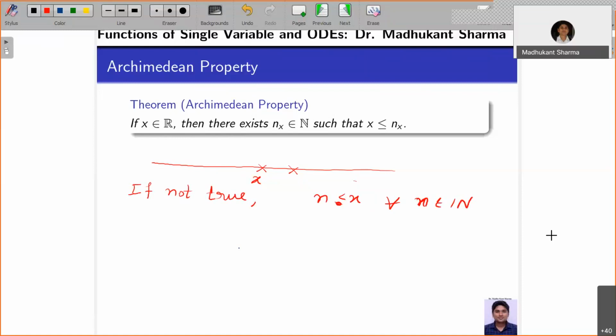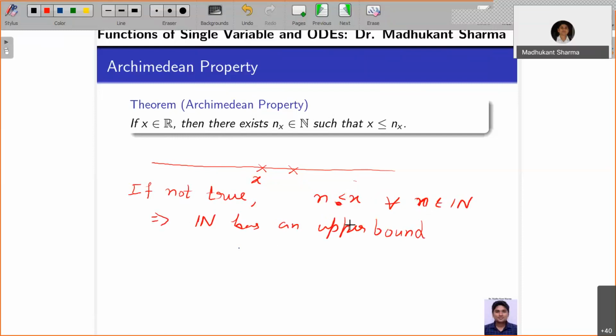Right? So this implies N has an upper bound. Because you take any element of N, that will still lie on the left of this x, for a given x. Then this x becomes an upper bound.